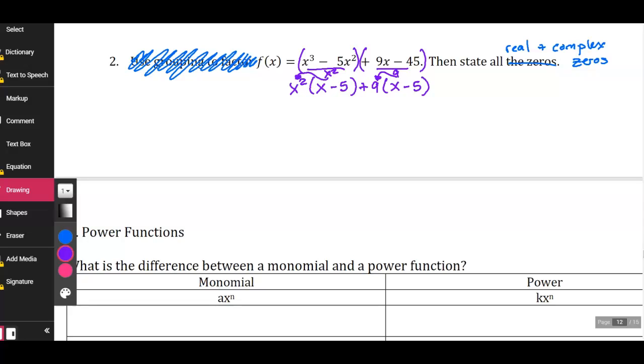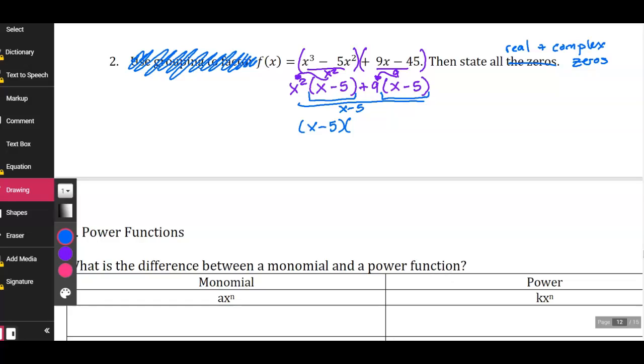The reason it works in this case is because technically the x minus 5 and the x minus 5 are a GCF of these two terms. So now you're pulling another GCF out of both of these terms. There's technically only two terms here. So we're pulling x minus 5 out of both terms.